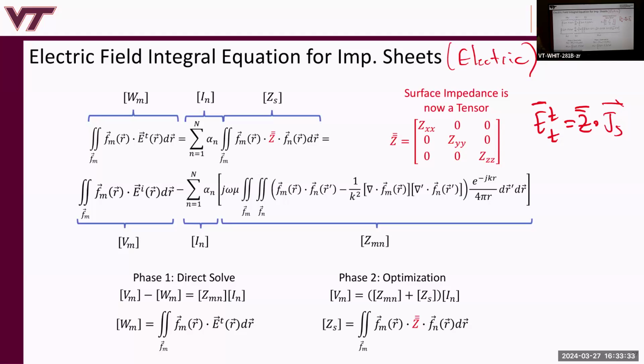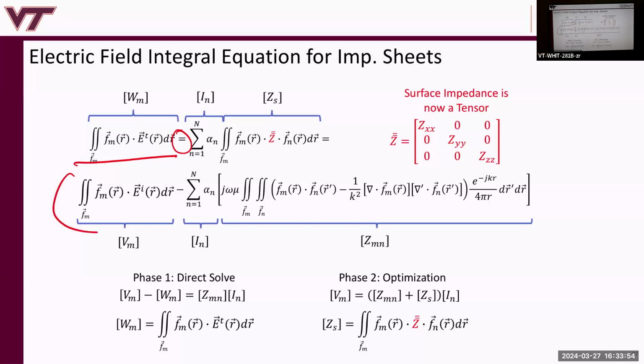Okay. So now here is our EFIE, and there are two equalities here. Don't get confused. There's an equality here and an equality here, right? Now, with this integral equation, you use this equality, this term in conjunction with these terms, if you want to design, if you know your E total, stipulate your E total, right?